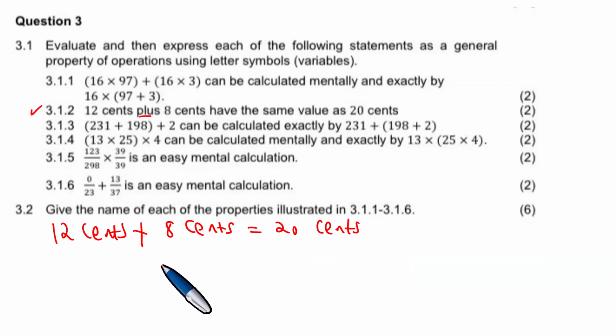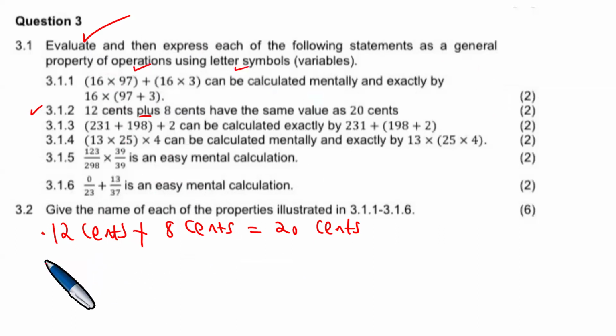Now, because they said we need to evaluate, indeed we have evaluated, because if we take 12 cents and add 8 cents to it, we get 20 cents. Now the next question is that we then need to express each of the following statements as a general property of operations using letter symbols.